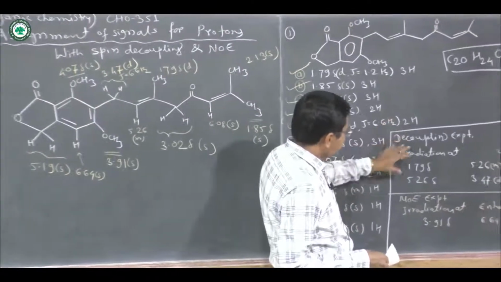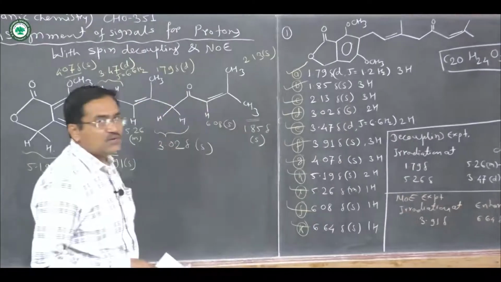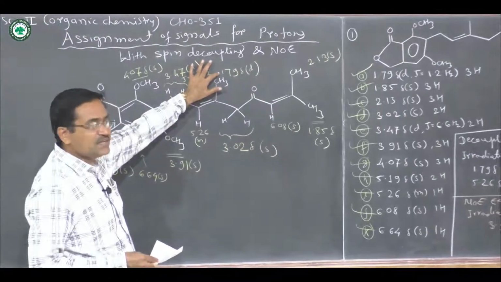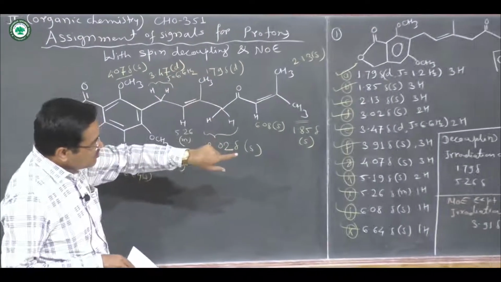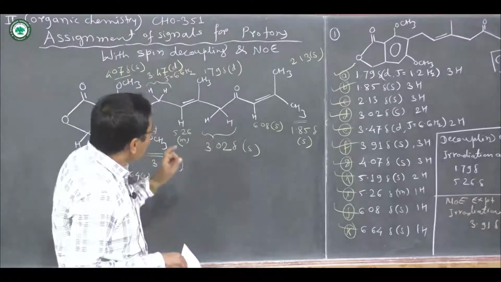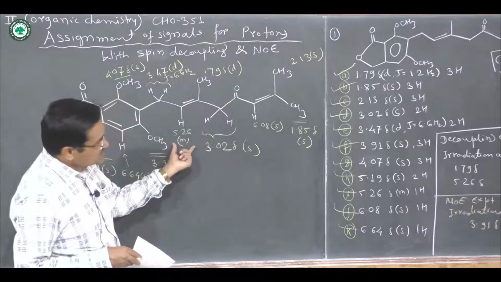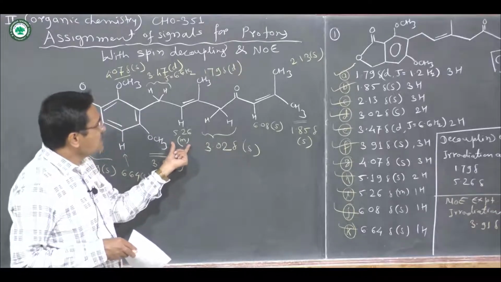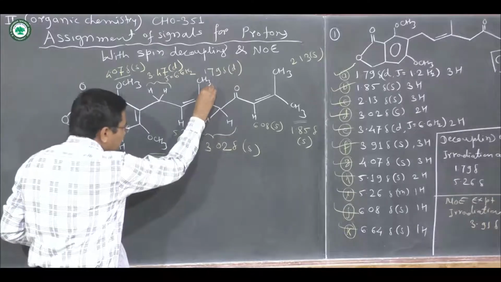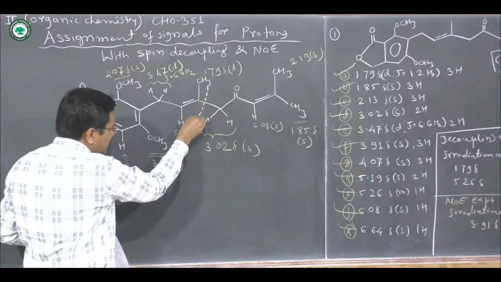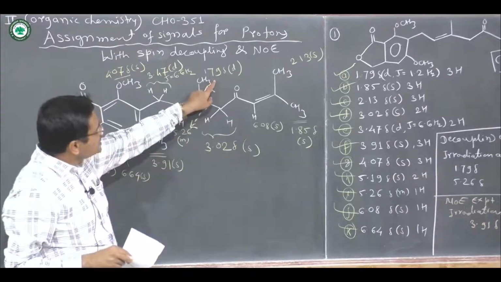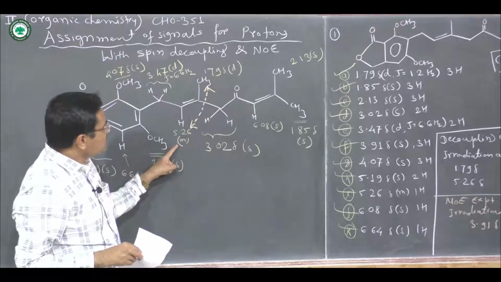Now we move towards the decoupling experiment. Irradiation at 1.79 delta affects 5.26, which is originally a multiplet but falls to a triplet. This means the spin decoupling happens between 1.79 and 5.26.